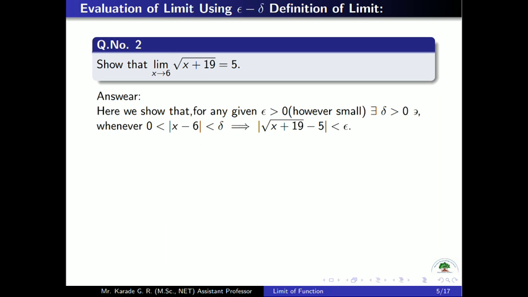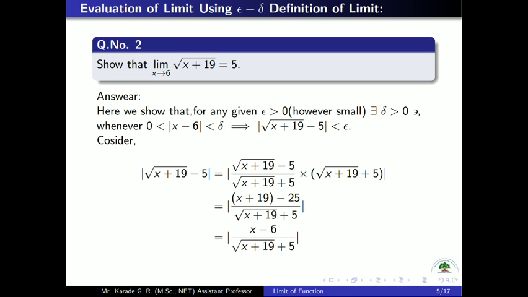Here we show that for any given epsilon, a small quantity, there is a delta, a small quantity. So whenever the distance between x and 6 is small, we show that the distance between the function and 5 is also small. So how to show? We consider the function mod of square root x plus 19 minus 5, and here we use the rationalization process.